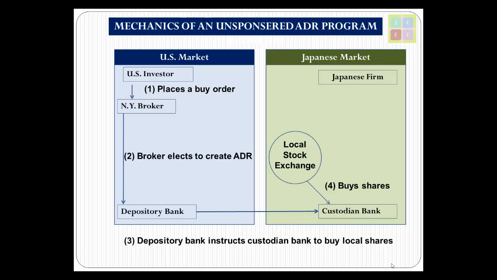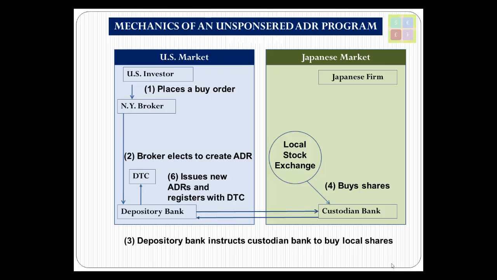So the custodian bank would go to the local stock exchange, in this case, the Tokyo Stock Exchange, and would buy the shares of the Japanese firm. In step number 5, the custodian bank informs the depository bank that it has purchased the shares of the Japanese firm in local market. Notice so far, the Japanese firm is not involved at all in the process.